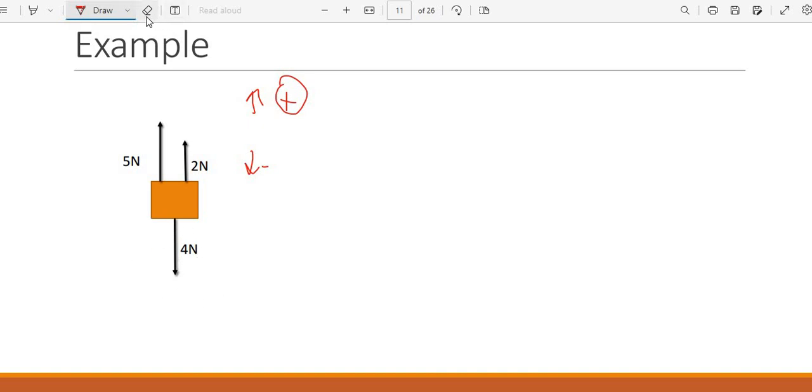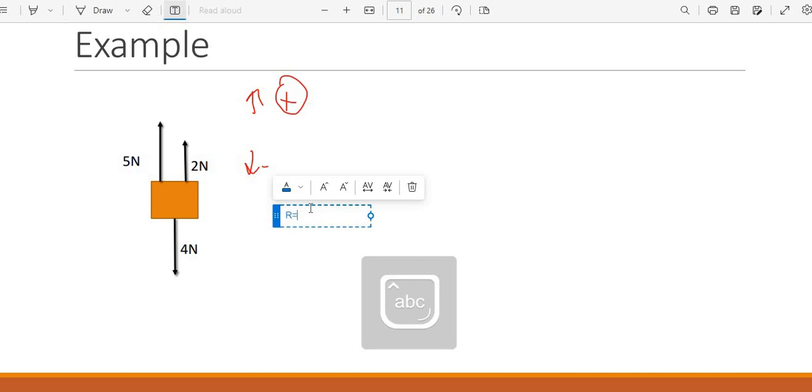So our resultant R will be equal to positive 2 plus positive 5 plus, from the definition of resultant, which is sum of, plus negative 4, whereby the negative is for the direction of that vector.